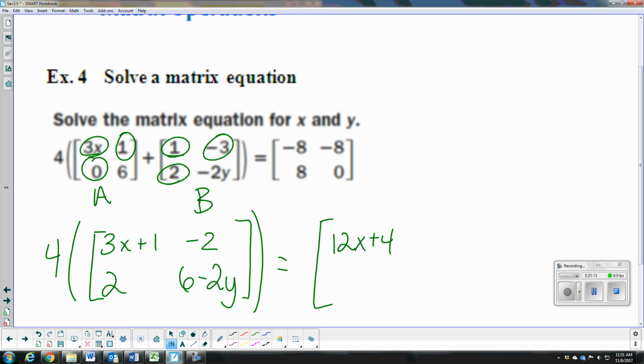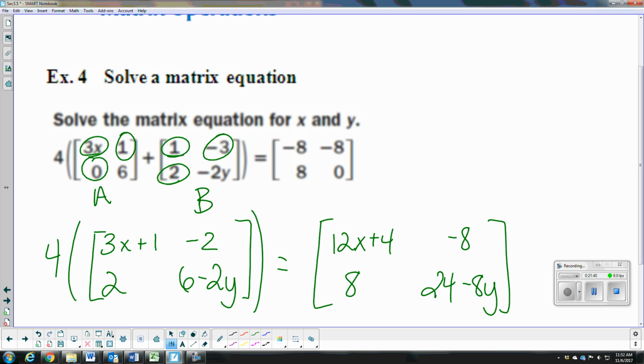And then 4 times the element in the second column first row. So 4 times negative 2, which is negative 8. 4 times 2 for our second row first column. And then 4 times the group 6 minus 2y. So 4 times 6 is 24 minus 4 times 2y, which is 8y.